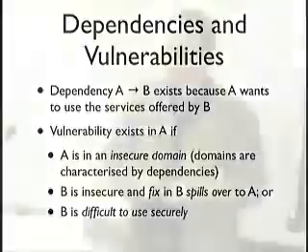For example, web browsers form an insecure domain, in the sense that web browsers are often the targets of attacks and they often succeed. And related domains, or the packages inside the same domain, tend to have the same dependencies because they do the same functions.